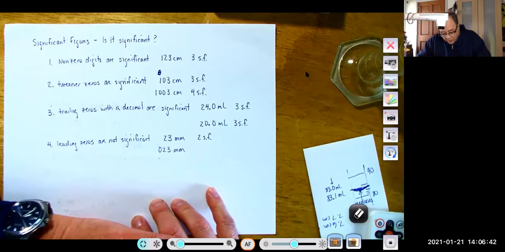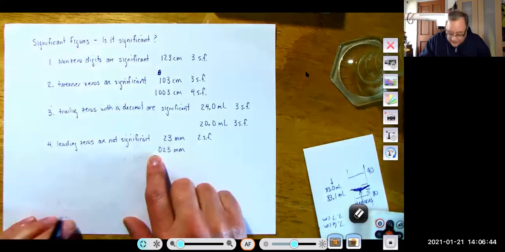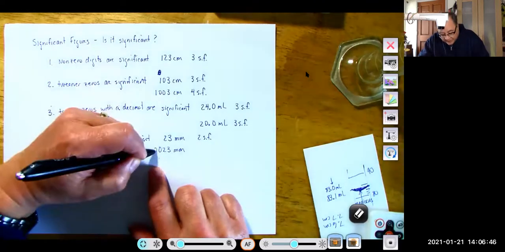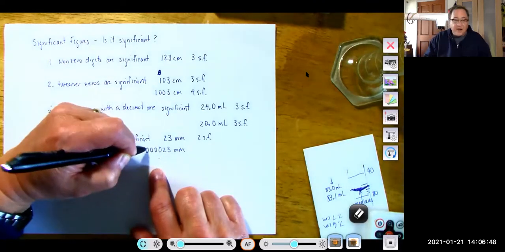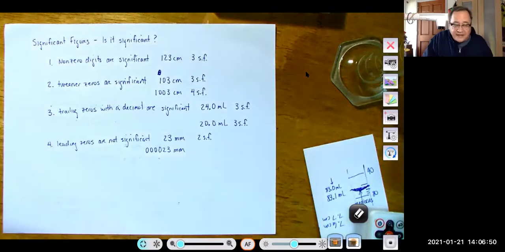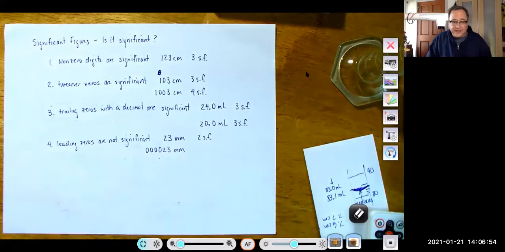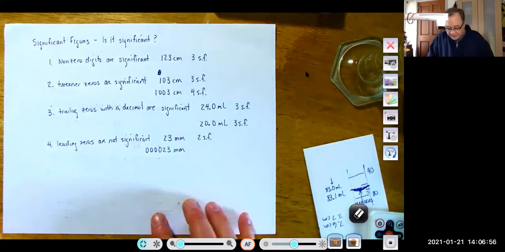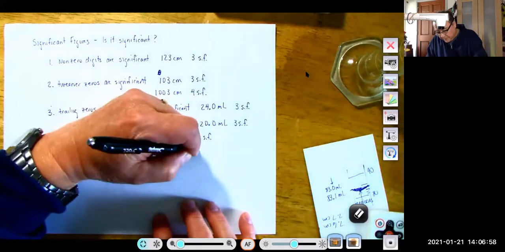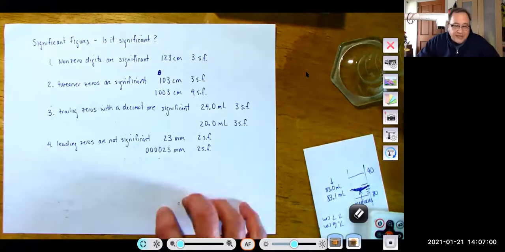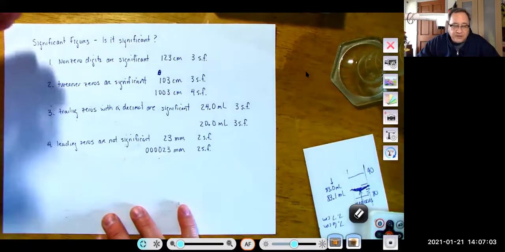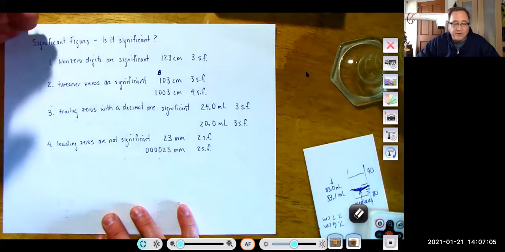If I had to put a number to the left of this 0, I'd put another 0 and another 0 and another 0. I'd put zeros out to infinity, and it doesn't change how much or how big this number is. It's 23 millimeters. So those zeros seem like they shouldn't count, and they don't. Are you with me there? Is everyone okay with leading zeros are not significant?